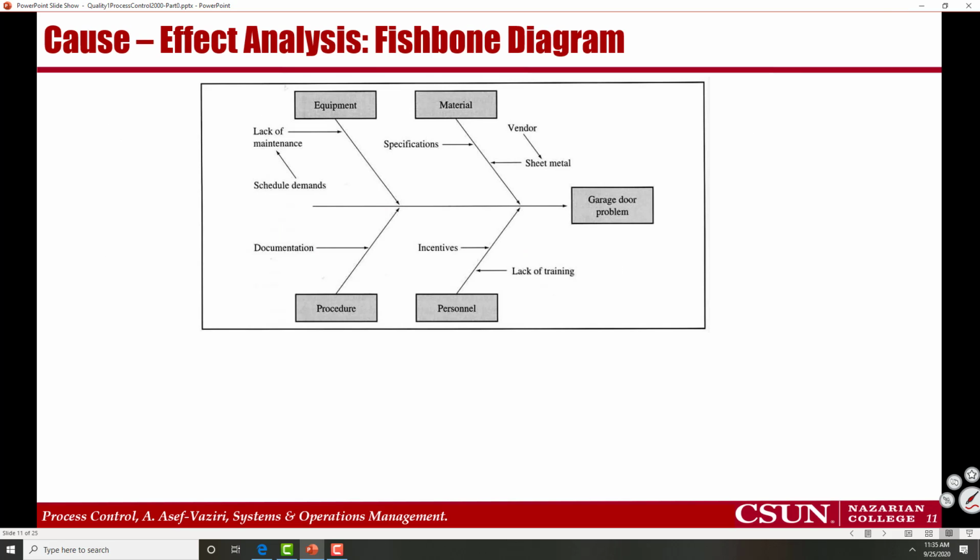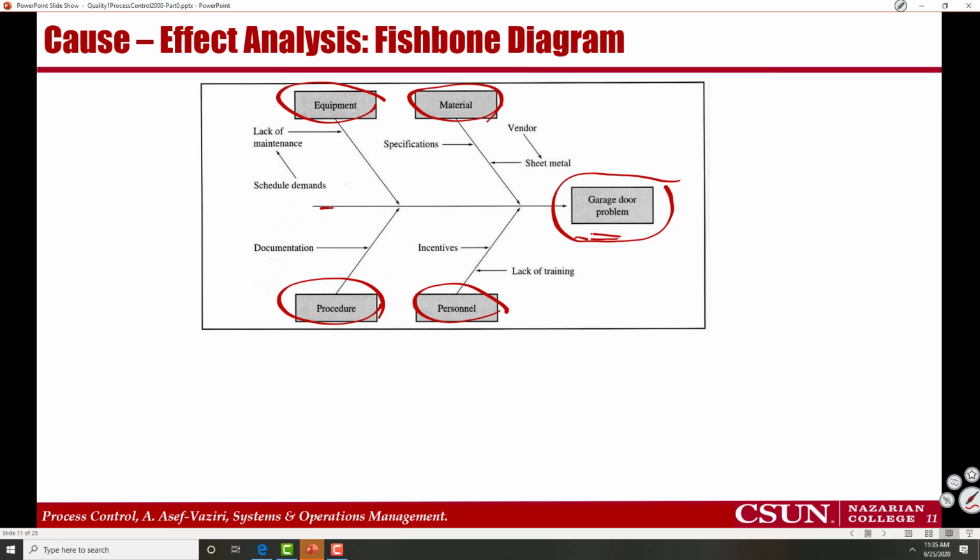This one is a neat tool. They call it cause effect analysis or fishbone diagram. For example, in this situation, we had a garage door. We were considering its quality, and we were trying to link it to material, to equipment that we have, to personnel, and to operational procedures.